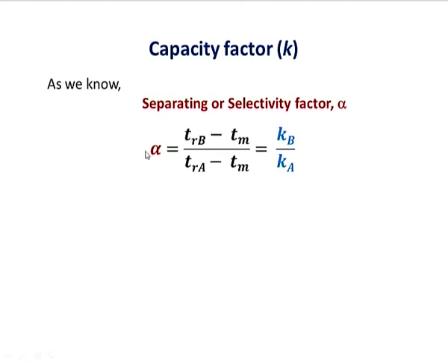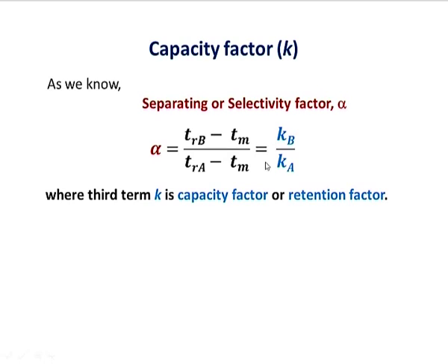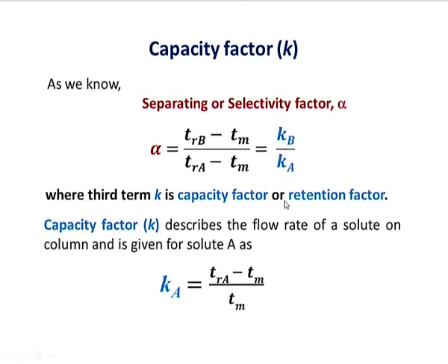Now, this is your selectivity factor, and these two terms we are introducing for the first time are called capacity factors or retention factors of the respective peaks. So, in this particular case, Kb is the capacity factor of peak B and Ka is the capacity factor or retention factor of peak A. This capacity factor K describes the flow rate of a solute on a column, and it is actually given by TRA minus Tm upon Tm for peak A. Okay?